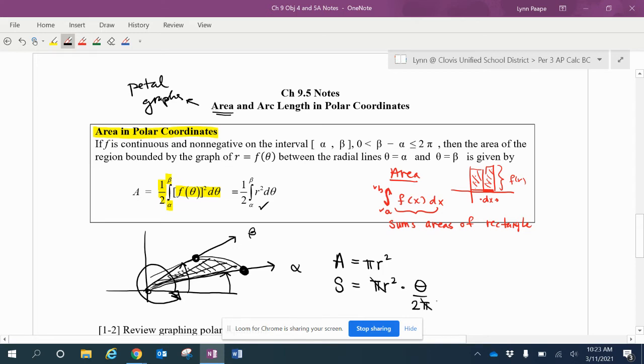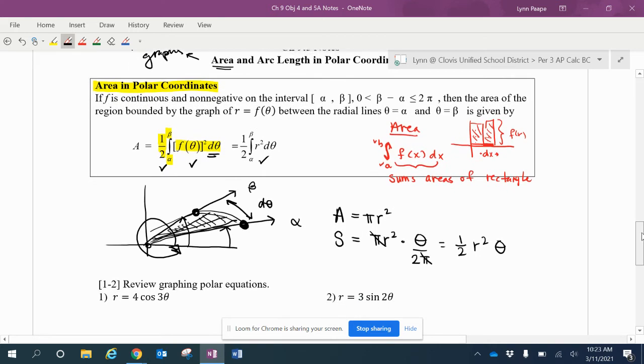The pi's reduce, and I end up with 1/2 r squared theta, and that's where these formulas come from. There's the 1/2, the r squared, and then instead of just theta, it's d theta, because we're shrinking that distance down so it's negligible, so we get an accurate area. The beauty of calculus, working in small things. So there is our formula that we're going to be working with.